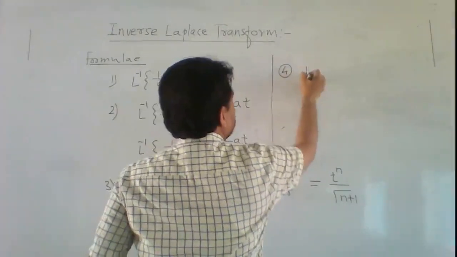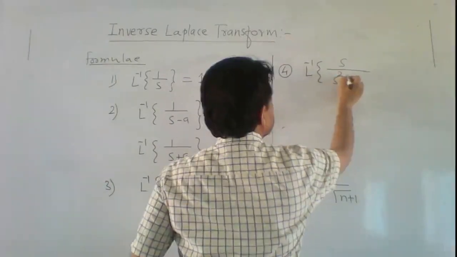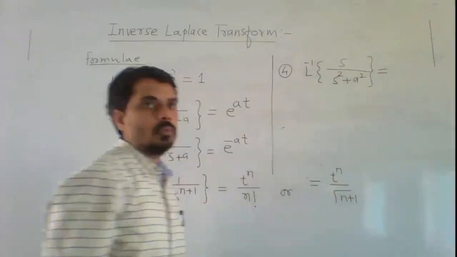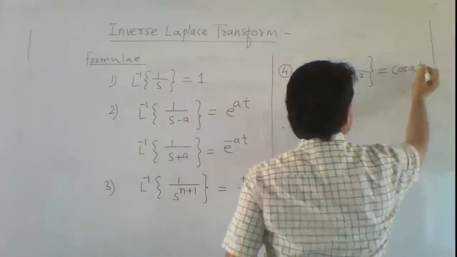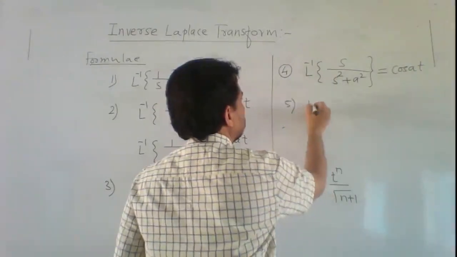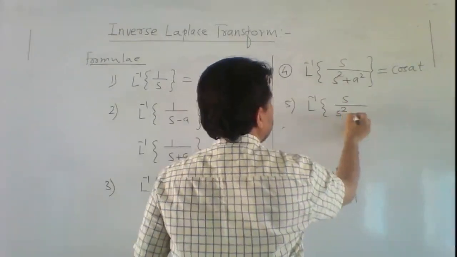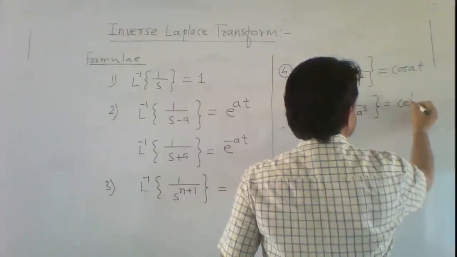formula, inverse Laplace transform of s upon s square plus a square is equal to cos at. Inverse Laplace transform of s upon s square minus a square is cosh at.